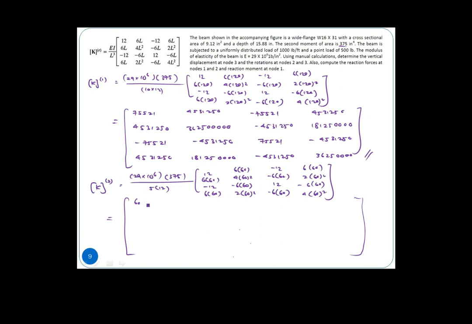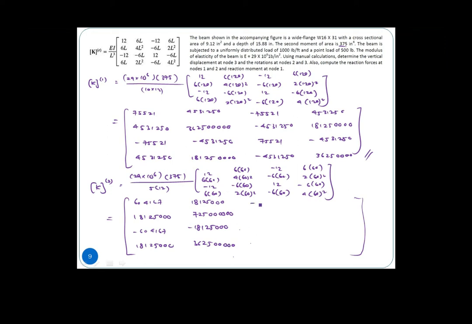Just writing it out so you can cross check later on. 18125, 725, 3625.